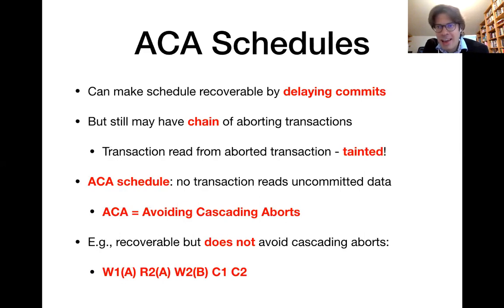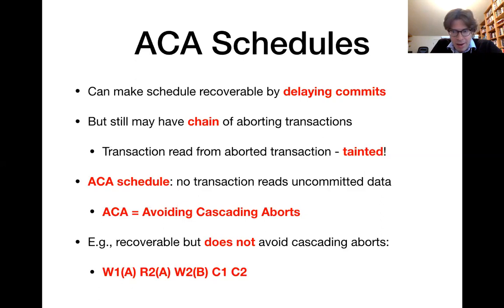Here we have again a write to object A by transaction 1, and then a read of A by transaction 2, followed by a write by transaction 2 to object B. Now, what we have done here is that we wait with the commit of transaction 2 until transaction 1, which has influenced transaction 2, has also committed.